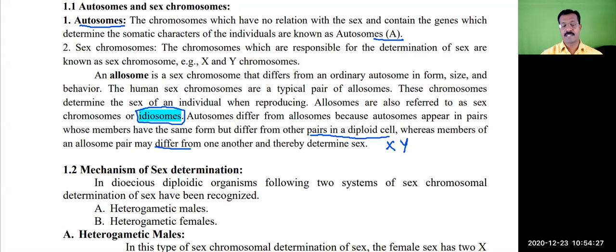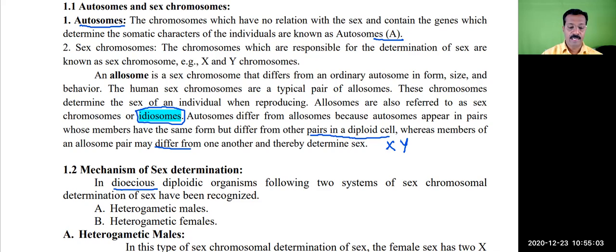Now, mechanism of sex determination. How the sex is determined by these chromosomes, that is what we have to see. Dioecious means both the sex organs are present. So in a dioecious diploid organism, two types of sex chromosomes are present, and sex determination happens by these two methods.